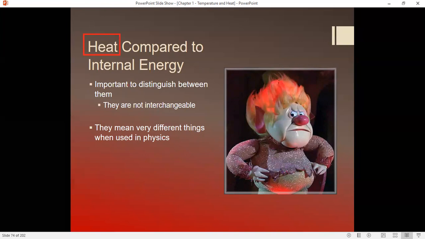Internal energy is all the energy already in the system or object. So if heat flows from one object to another, it is the internal energy that is going to be affected of the object which is receiving the heat. So heat, thermal energy in motion; internal energy, a thermal energy that has arrived or is leaving.